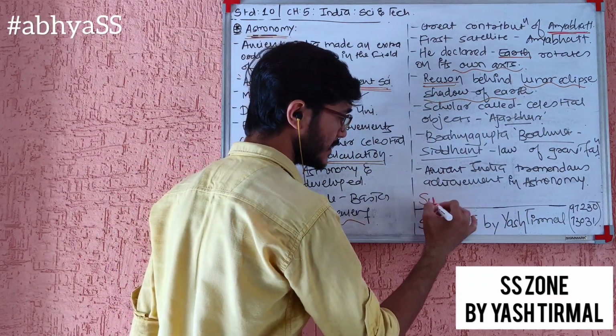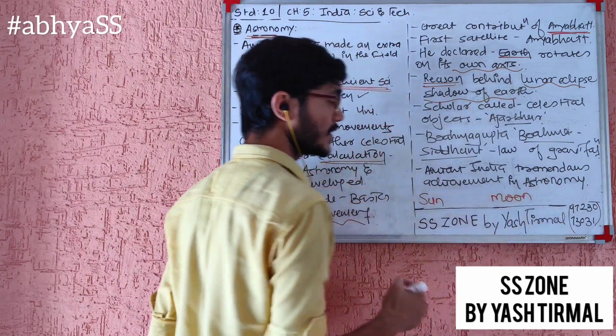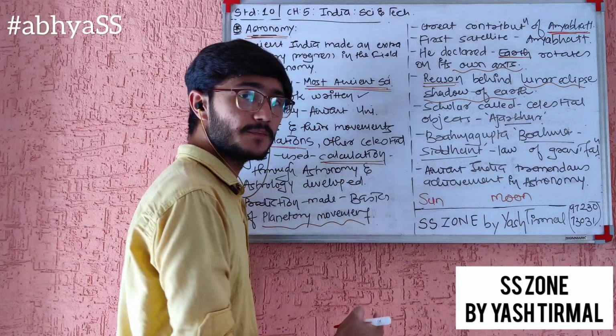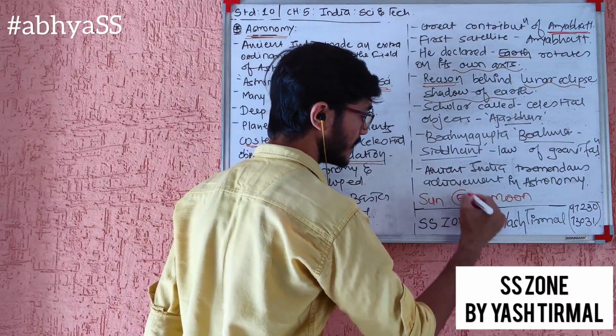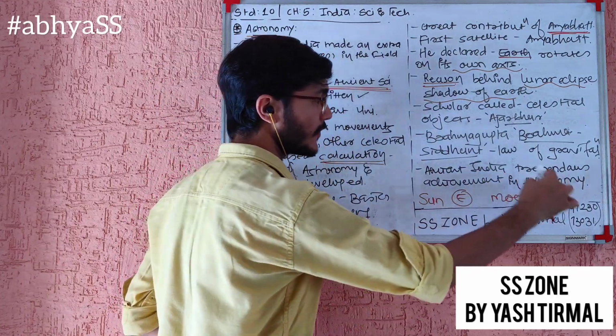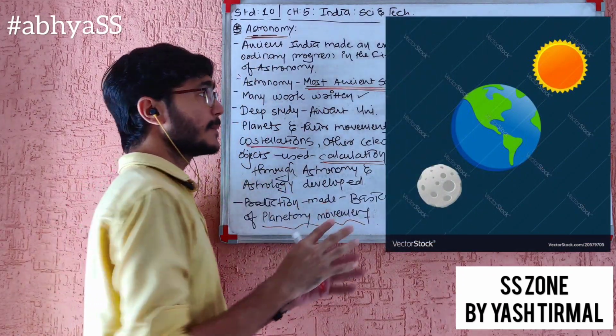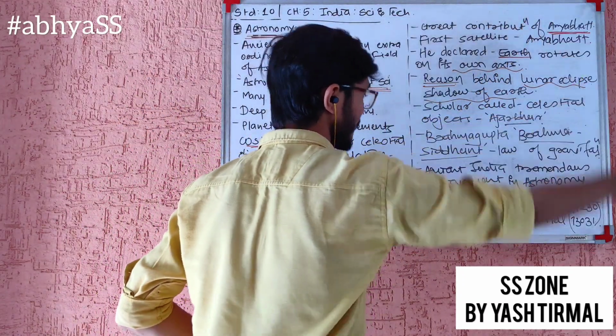Here is the sun, here is the moon. The sun rays won't go directly onto the moon. In between you will find the Earth. The sun rays fall on the Earth and the shadow of the Earth falls on the Moon. This creates the lunar eclipse. This procedure is given by Aryabhatta.